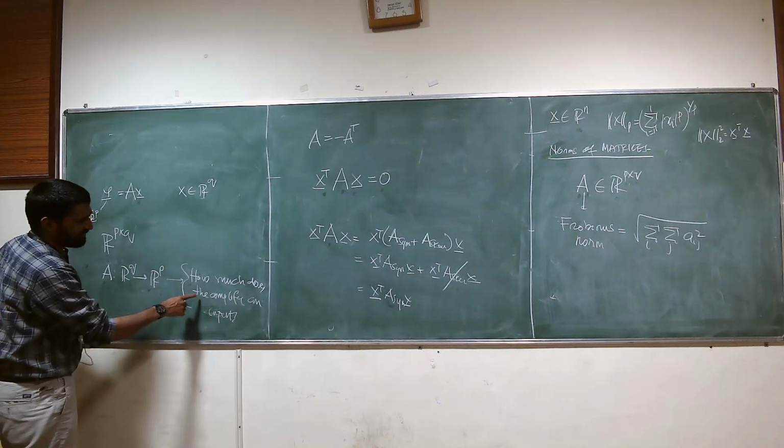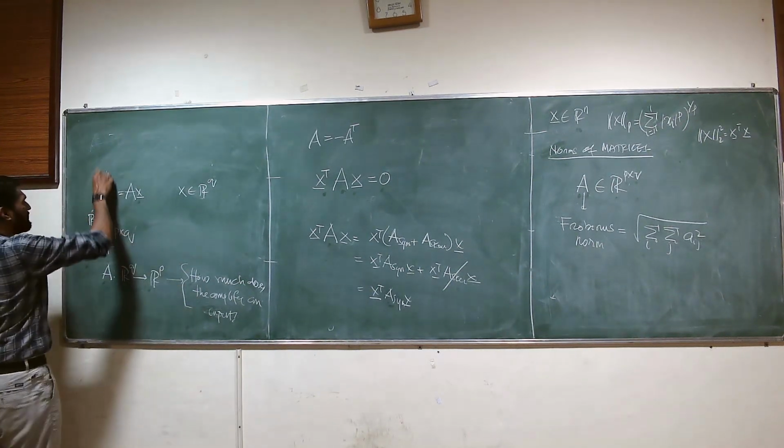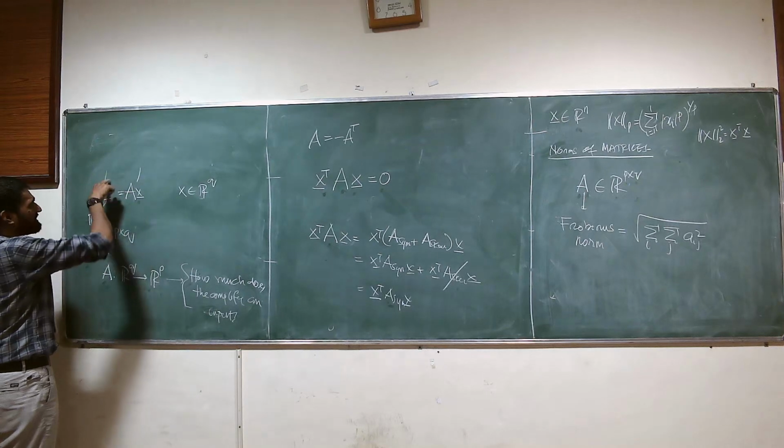And again, if you're going to talk about how much it amplifies, remember each of these is a Q vector and this is a P vector.